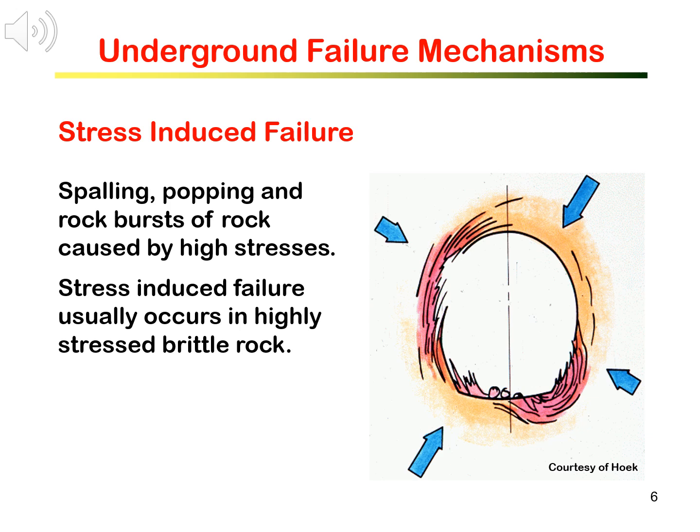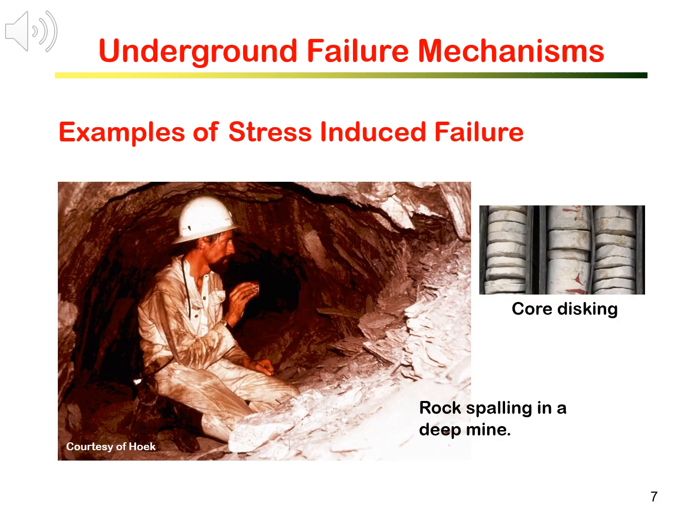As rocks are generally brittle, spalling and rock burst are usually associated with sudden failure and microseismicity. The photo on the left here shows spalling failure in a deep hard rock mine. You should be able to note the thin rock flakes in front of the miner.